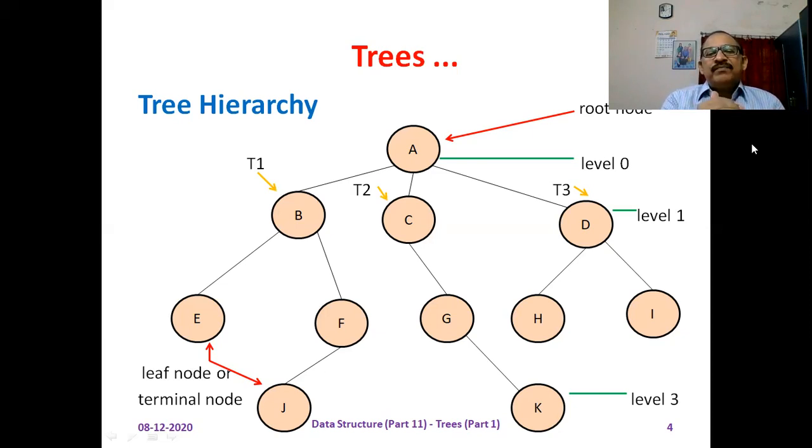So AC followed by the arrow, followed by the edge CG, followed by arrow, and followed by the edge GK. And what is the length of this path? The number of edges in this path. There are 3 edges in this path. Means depth of node K is equal to 3.